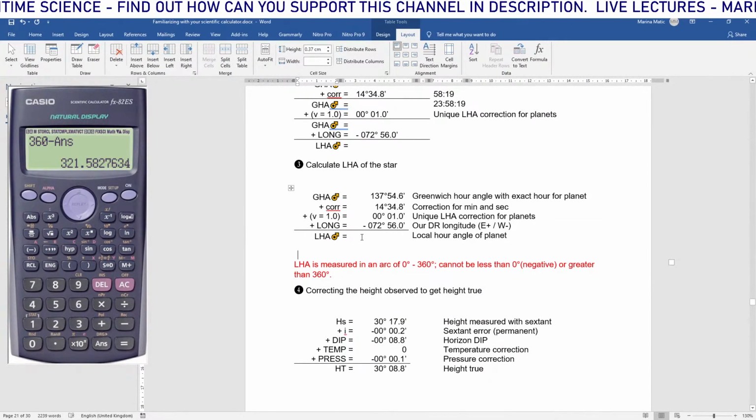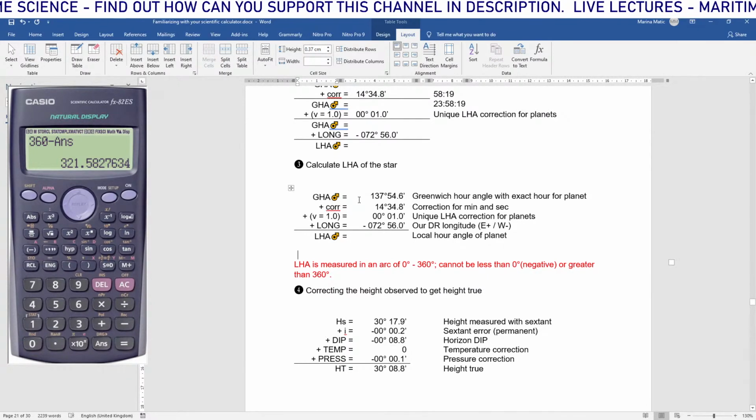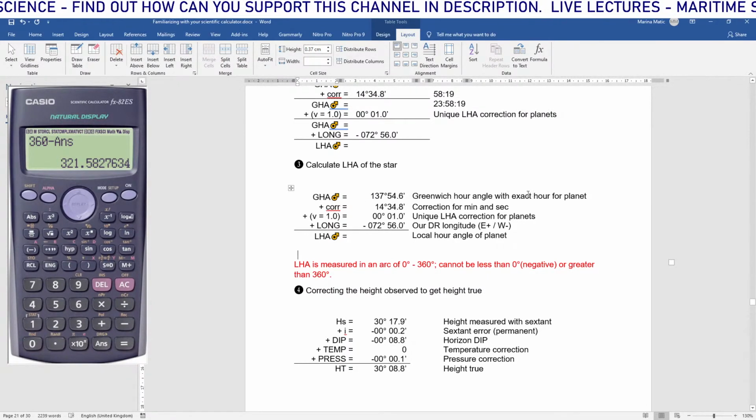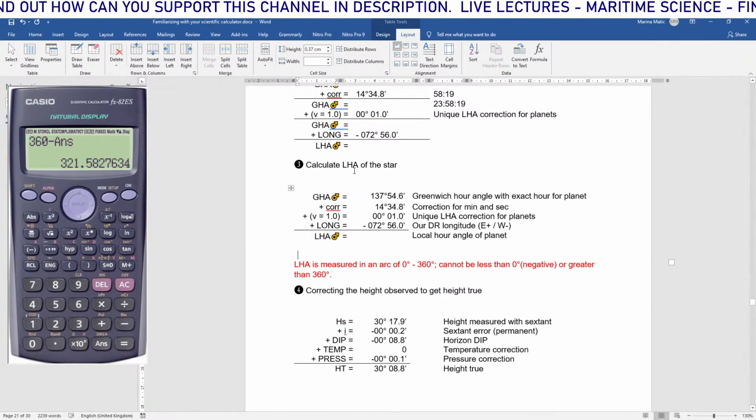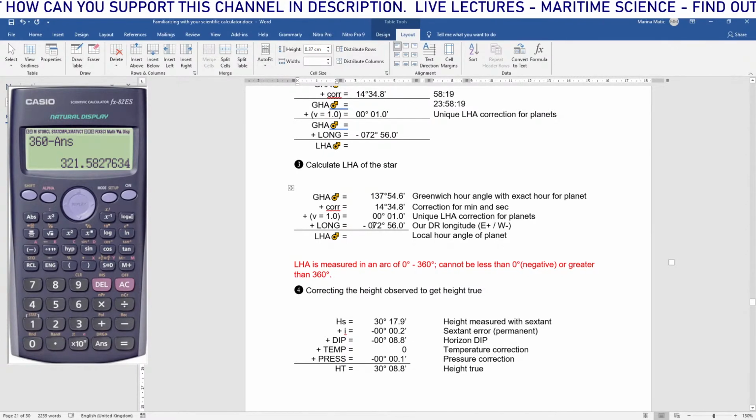That's it. So we have Greenwich hour angle of planet Mars for the exact hour. We have correction for minutes and seconds. We have a unique LHA correction for planets that we read with V value and UT minute under the increments and corrections tables. And we have longitude of our position.